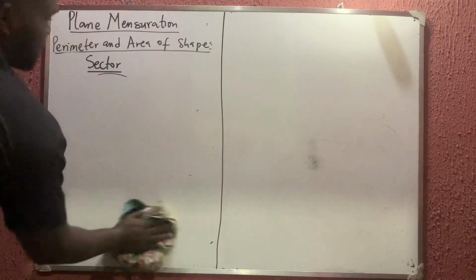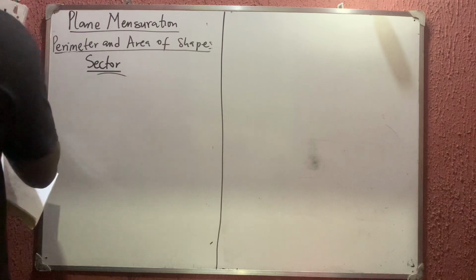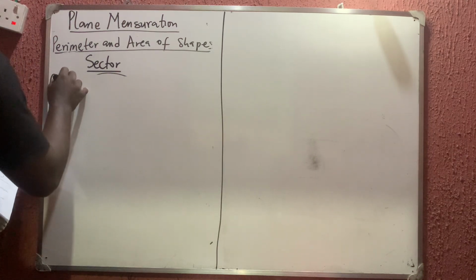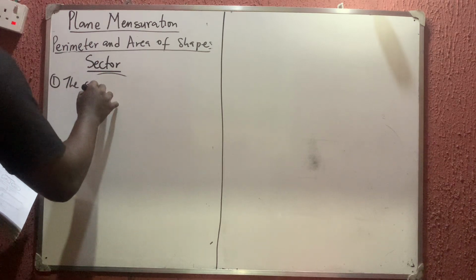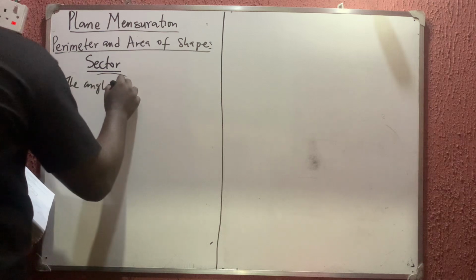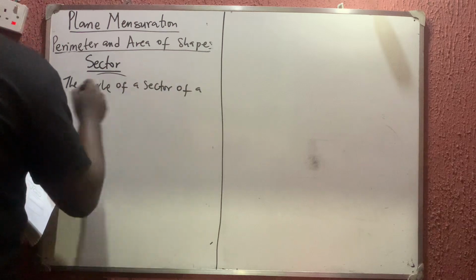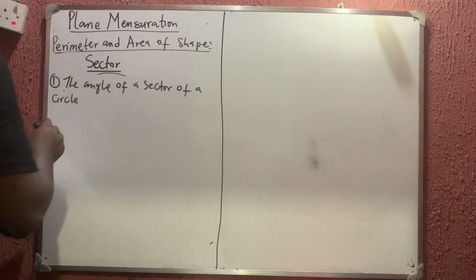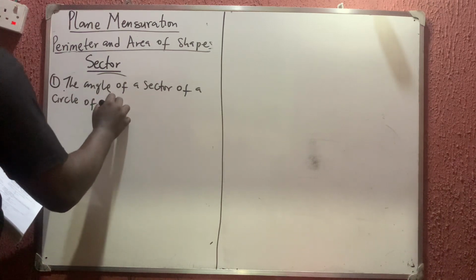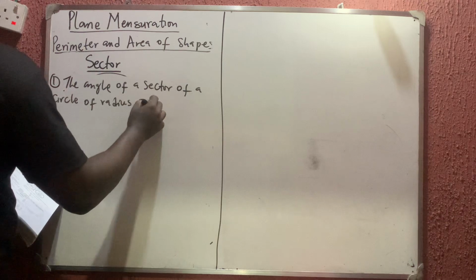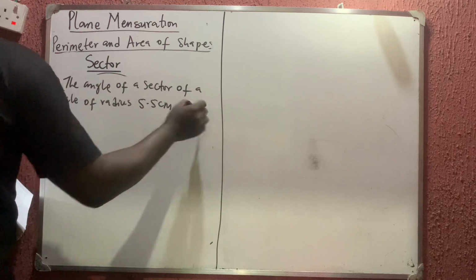The first question said the angle of a sector of a circle of radius 5.5 cm is 60 degrees.